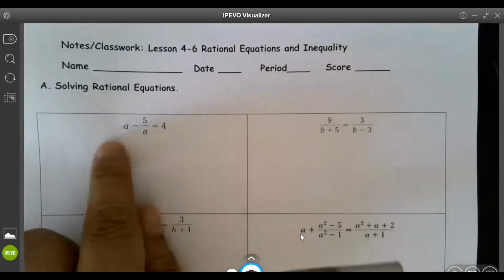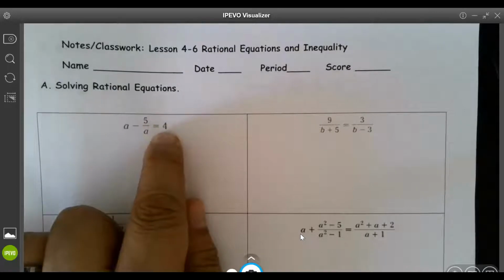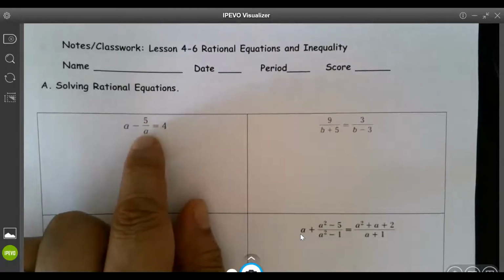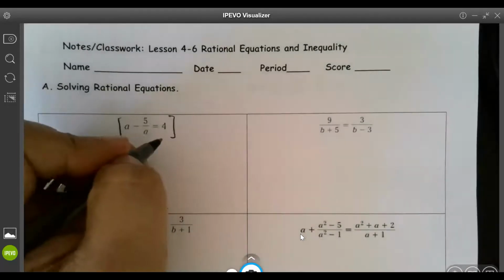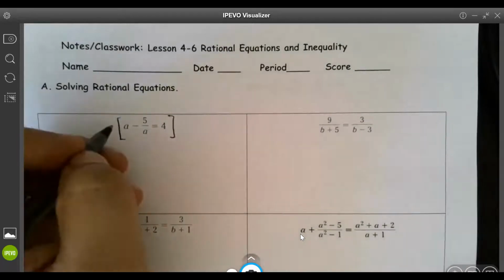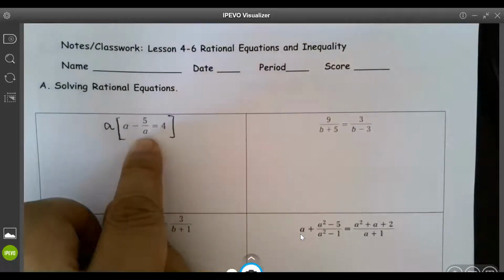Here, the denominator of A is 1, the denominator of 4 is 1, and this one is A. So the LCD is simply A, the least common multiple of the denominators.